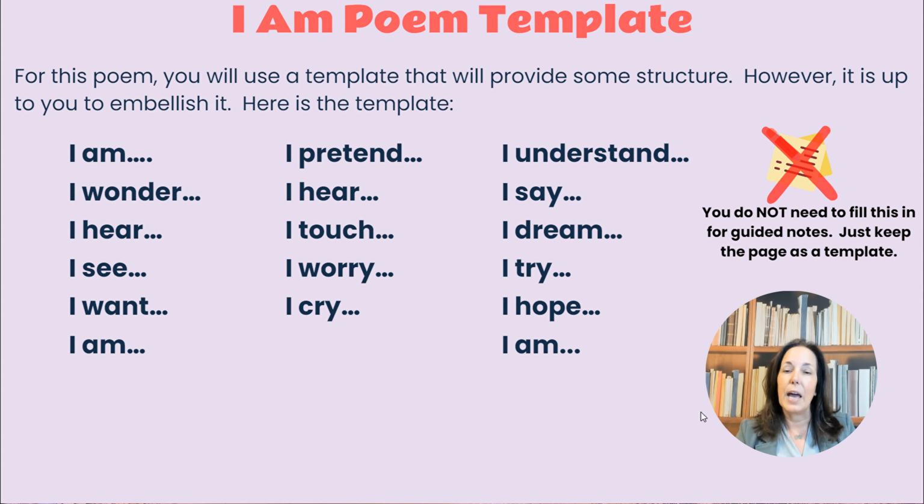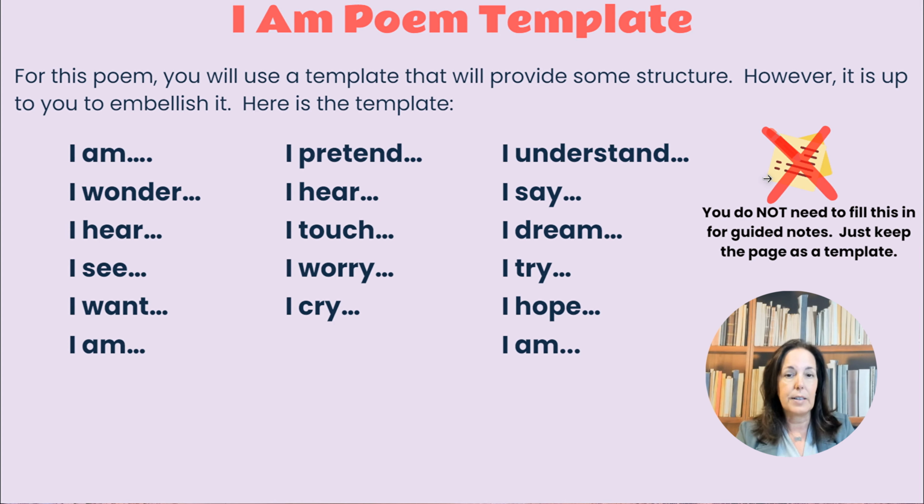Okay. This is the I am poem template. When you get to your guided notes, you don't have to fill anything in there. This is just so that you can see the template and you're going to see all the different fillers. So it looks pretty simple, but I want you to put some embellishment in it, and we'll talk about that in a moment.